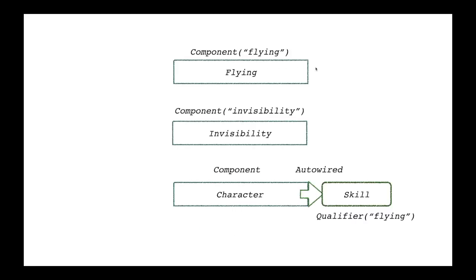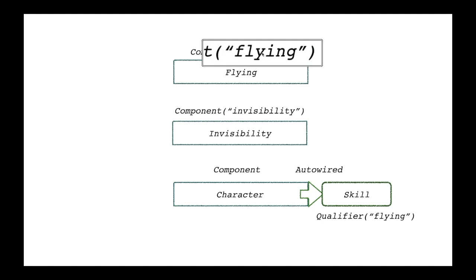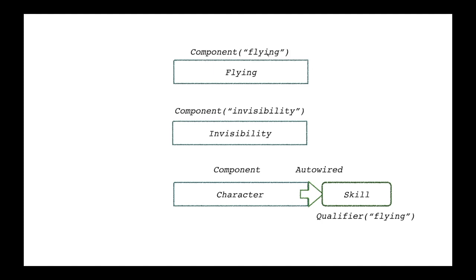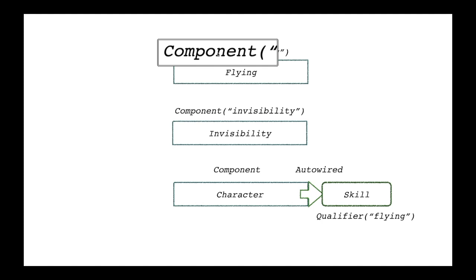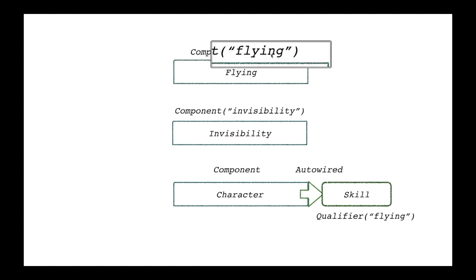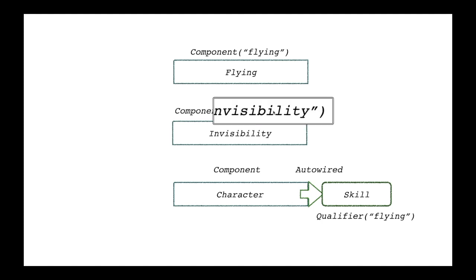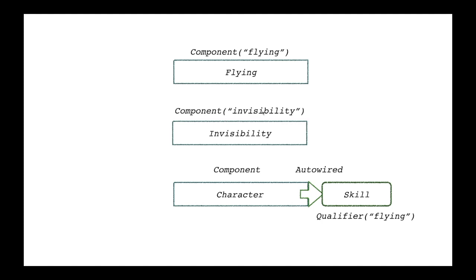So this is what we changed. We are providing an ID while creating the object. We are telling Spring that when you create this object, as it is annotated with Component, you provide an ID called flying to this object. Similarly, you provide invisibility as the ID to the Invisibility object.